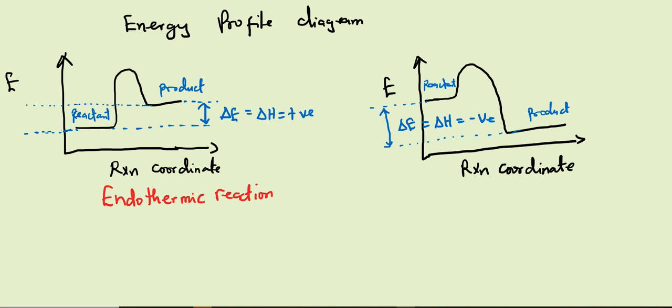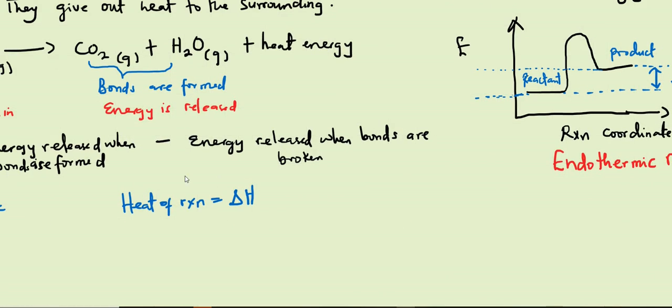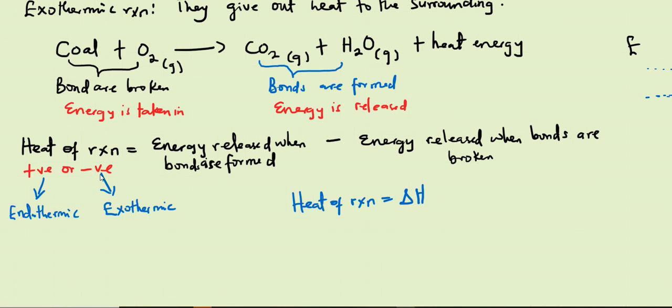Again, that is because we are subtracting reactants from products, right? Because heat of reaction, which is delta H, is energy released when bonds are formed minus energy released when bonds are broken. Bonds are formed in the products and bonds are broken in the reactants.